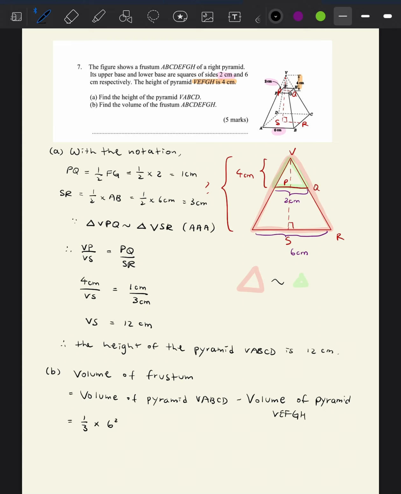In here, the base area is a square of side 6, and then the height is what you got in your part A. So this is the volume of the big pyramid, and then minus the small one, 1/3, and then it is a square base again. 2 cm is the side of it, so square it times the height 4. When you put it into your calculator, you should have 138 and 2/3 cm cube.